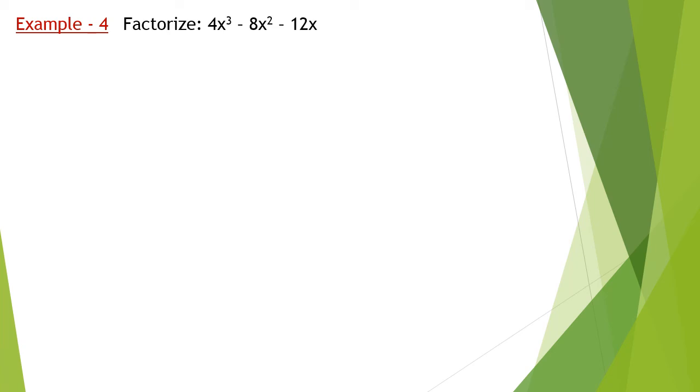Anyway, you can assume that this question is in the form ax cubed plus bx square plus cx, or we can take common also. We can think in this way also. There is no fixed or universal logic for it. Solution here: 4x cube minus 8x square minus 12x.